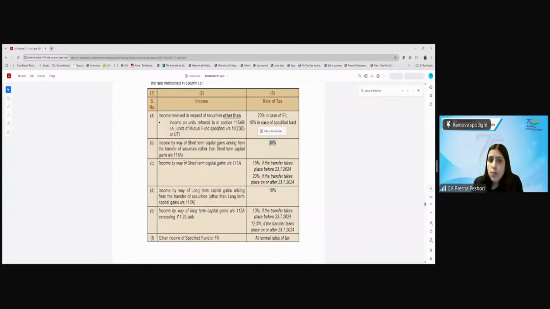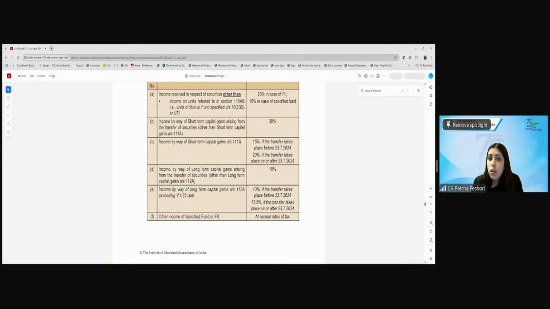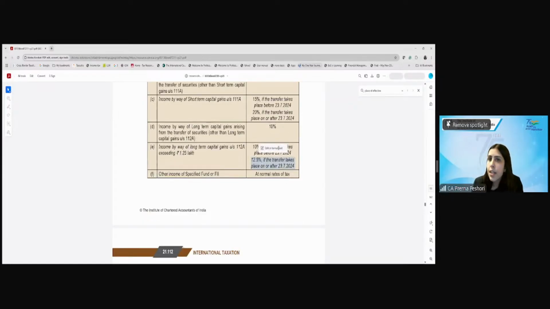Short-term capital gain covered under 111A on listed securities is 20% after 23rd July, 15% prior to that. Long-term capital gain other than 112A is 10%. Long-term capital gain covered under 112A exceeding 1.25 lakh is 12.5% after 23rd July, 10% before that. And any other income will be taxable at the normal rate. Again, this is taxable on the gross basis.